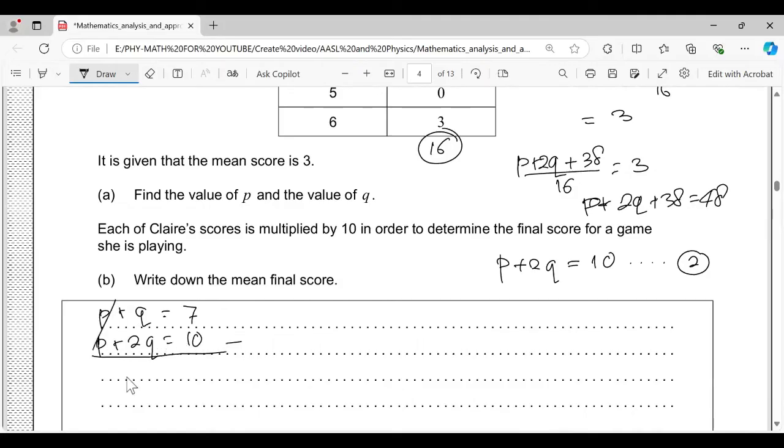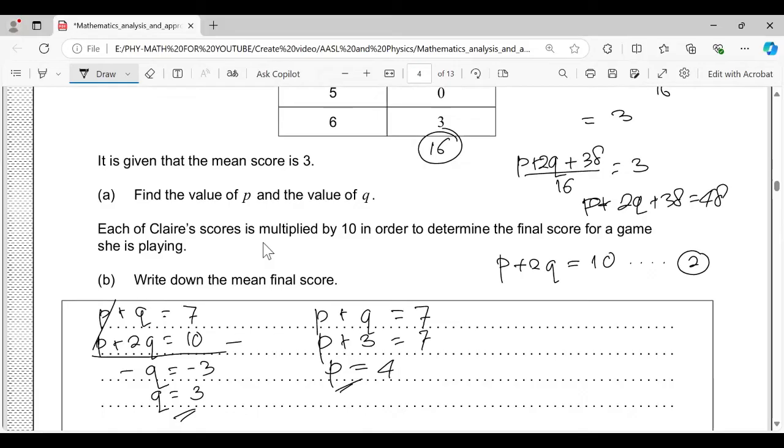Subtracting, 0 minus Q equals minus 3, so Q equals 3. Next, P plus Q equals 7, so P plus 3 equals 7, P equals 4. So P equals 4 and Q equals 3.